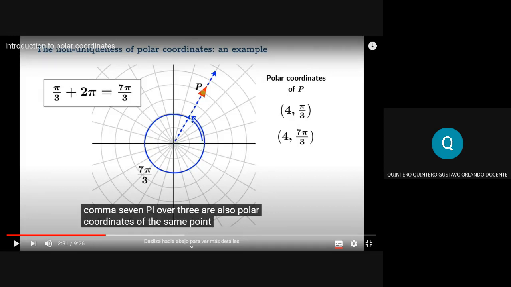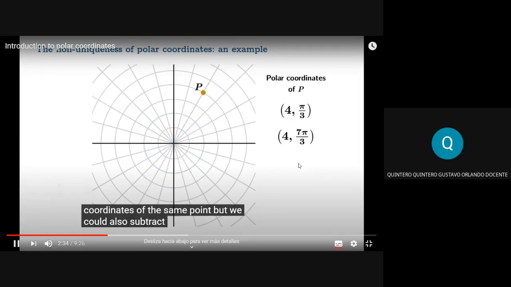What if we do the first 60, then 1 circle, 360 more, and then another circle, another 360? That will be π/3 plus 4π, because we're doing 2 circles. That is also the same point. So we have a different way of calling the same point. Did you see? All right, let's continue with this.